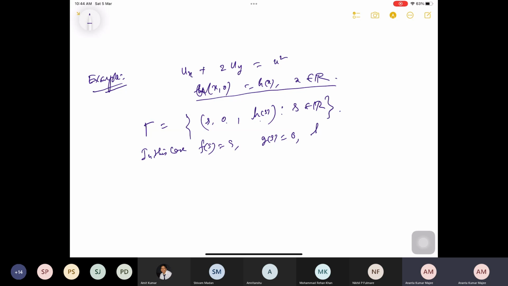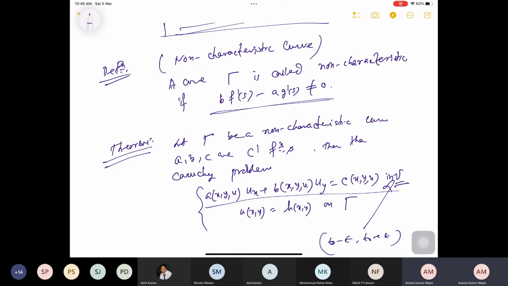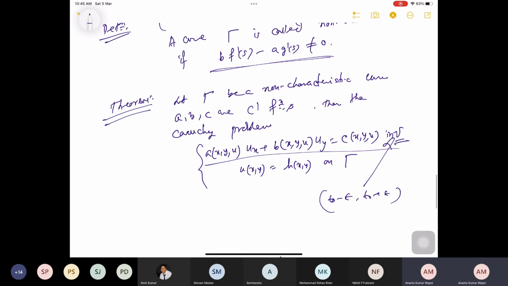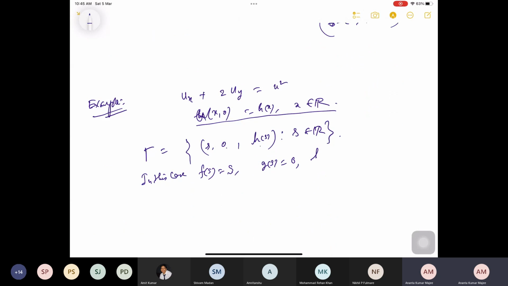So now you check that this curve is a non-characteristic curve. Because you need to find that the Jacobian J is non-zero. Directly I can think of b f'(s) minus a g'(s). So g is equal to 0, forget about that part. So now I have b f'(s). Is this not equal to 0 or not? f(s) is equal to s, so f'(s) is equal to 1.